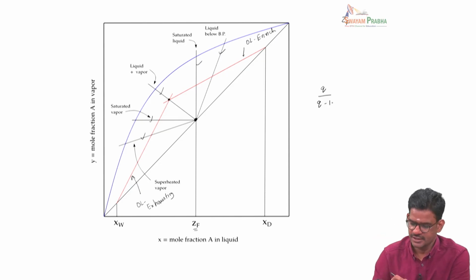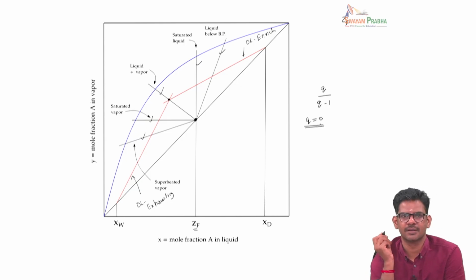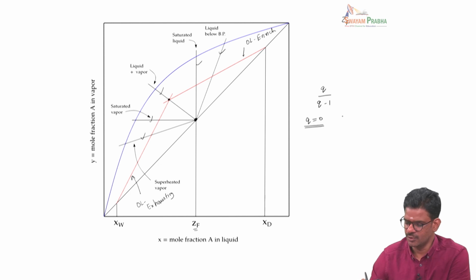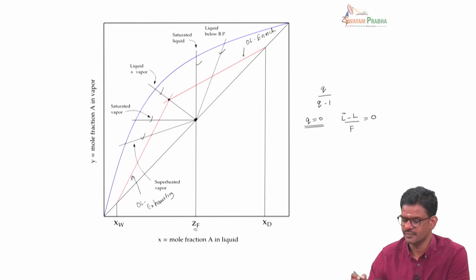And if you consider, for example, q is 0, okay, so q is 0 basically would mean (L bar minus L) by F is equal to 0. It also means that (Hg minus HF) over (Hg minus HL) is 0.